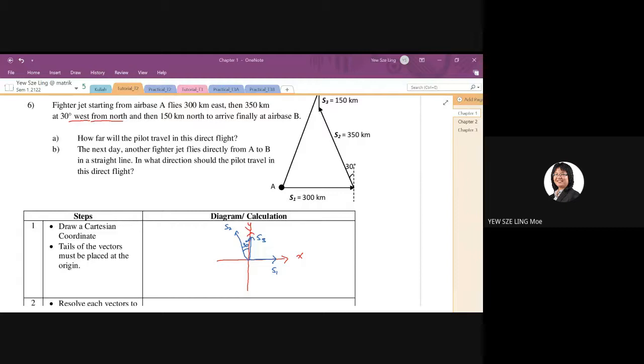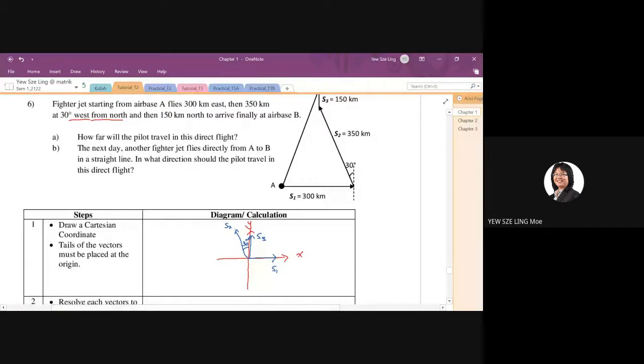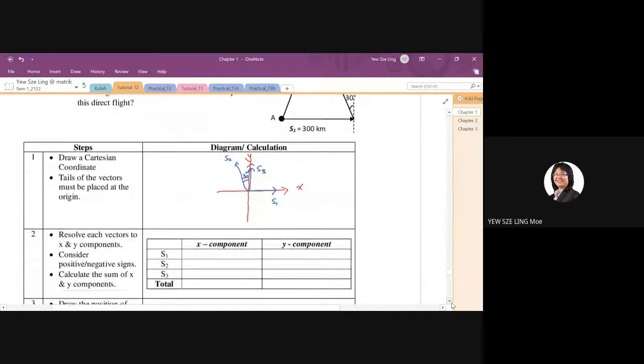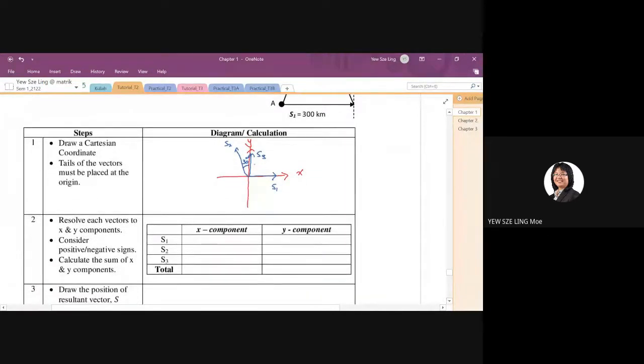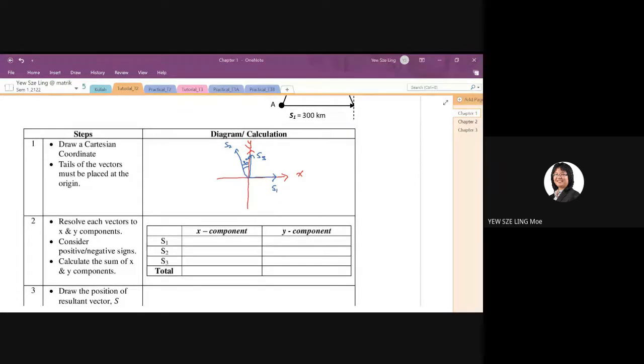Okay, let's see how we are going to solve it. Now that you have this diagram, what happens when you have a vector that is located on the x-axis or the y-axis? Let's see. I'll give you 2 minutes to try this question first. See how you are going to answer it.